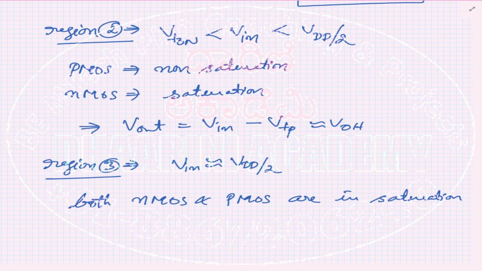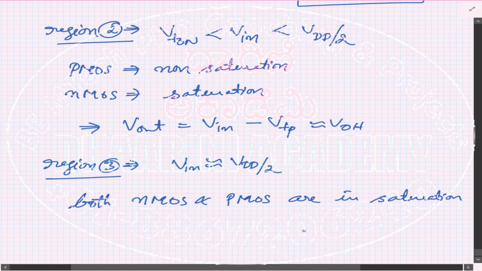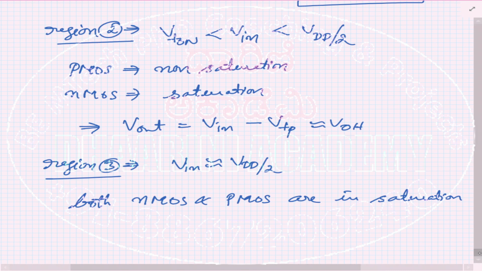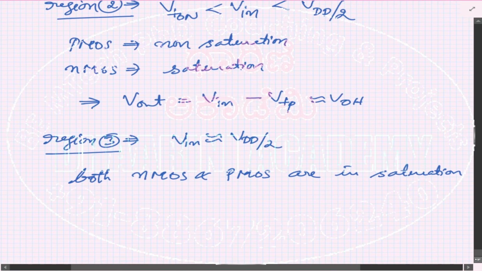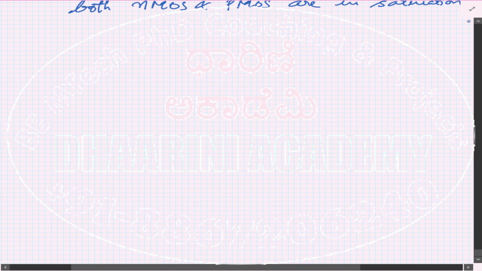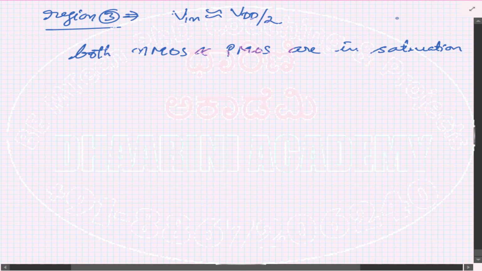PMOS will enter into cutoff at a final stage, because PMOS has to be off and NMOS has to be turning on. Under that condition, Vout becomes equal to Vin.